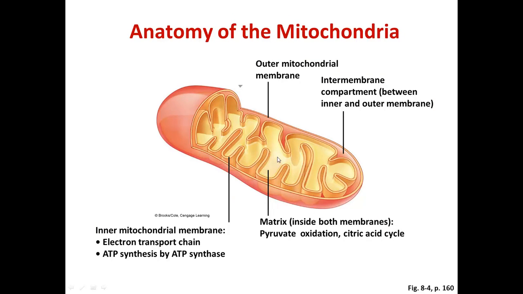Within the interior of the mitochondria, in the matrix, is where pyruvate oxidation and the citric acid cycle take place, whereas oxidative phosphorylation takes place across the inner mitochondrial membrane. This is where the proton gradient is created that produces ATP. So the last 2/3 of aerobic respiration take place within the mitochondria.